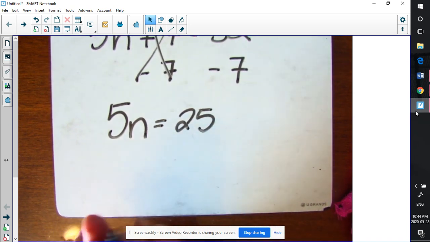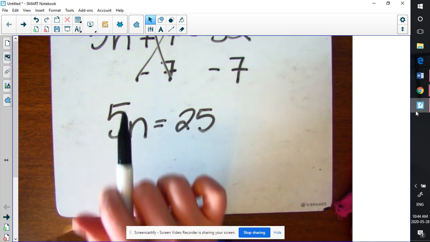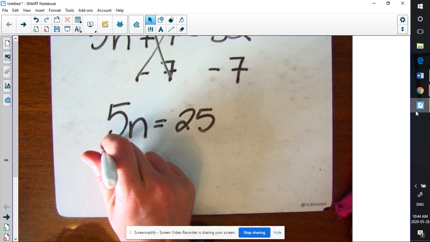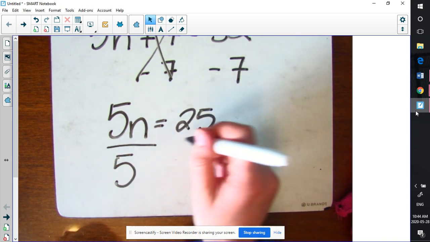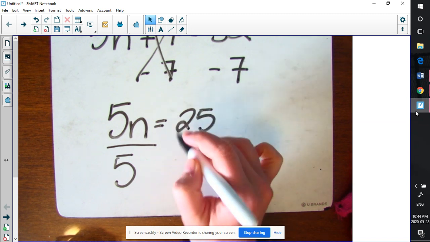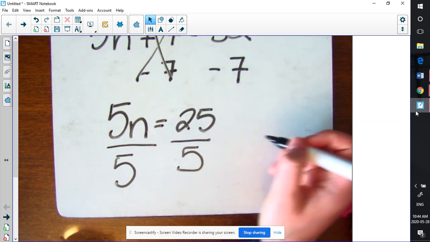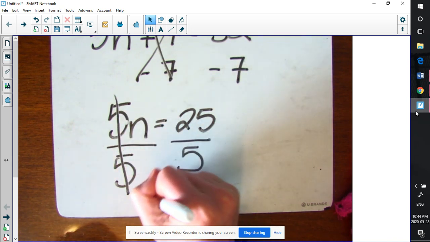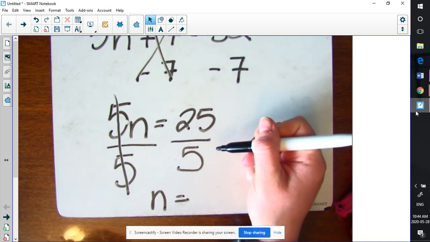Now this just looks like a one-step equation. 5n, that means 5 times n. The opposite of timesing is dividing, so I'm going to divide by 5. Whatever I do to one side, I've got to do to the other, so I'm going to divide this one by 5 as well. These 5's cancel, and what I have left is n equals 25 divided by 5.